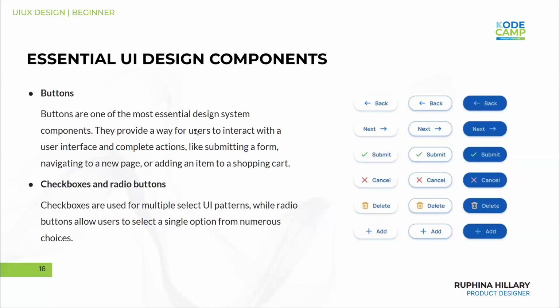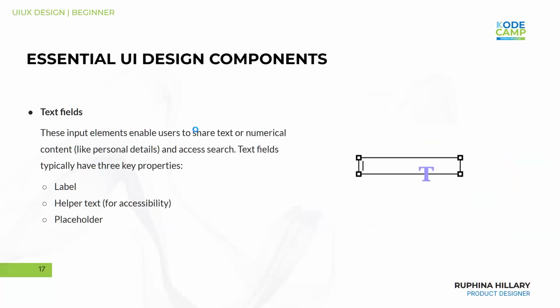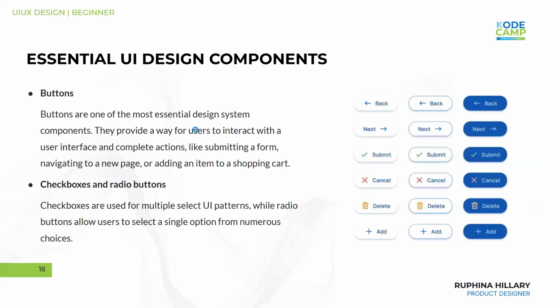Alright, so the buttons now, like I've mentioned buttons over and over. This is an essential UI design component. I don't think you can have a product without a button, because that is basically what a product is made for. As much as we're trying to satisfy our users and solve their problem, we know, like we're all business people, that we may be building a product because I want to gain, I want to get money, I want to get conversion. And this usually requires our users clicking on a button.